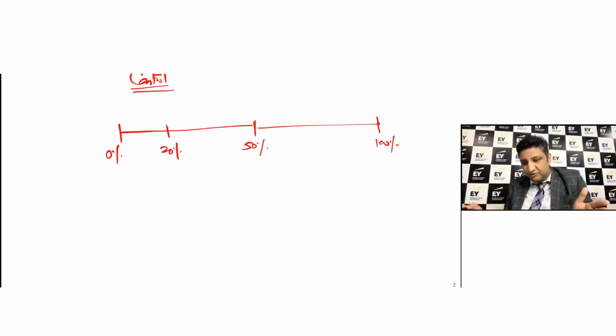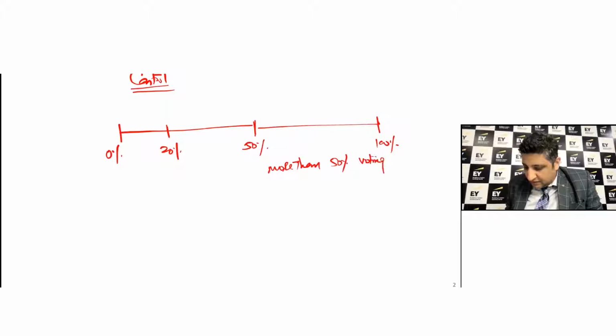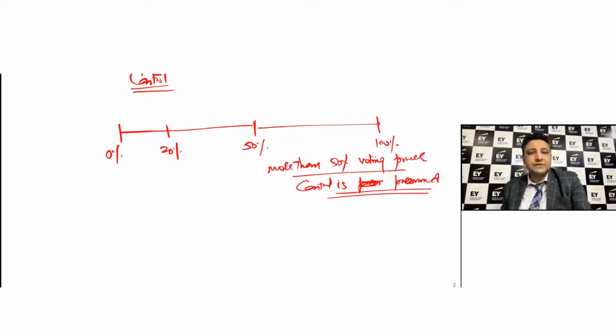What the standard says is that if an entity has more than 50% voting power in another entity, control is presumed.